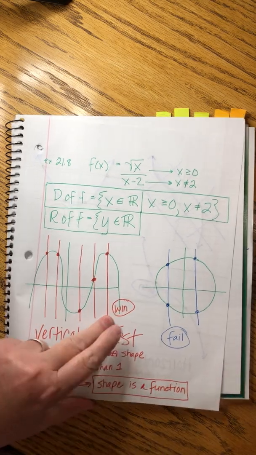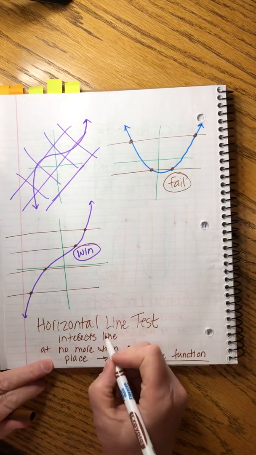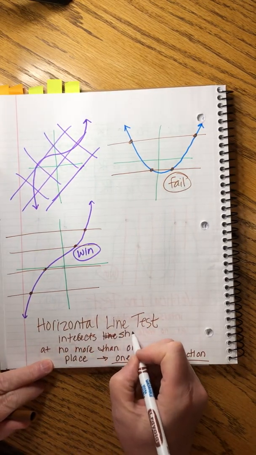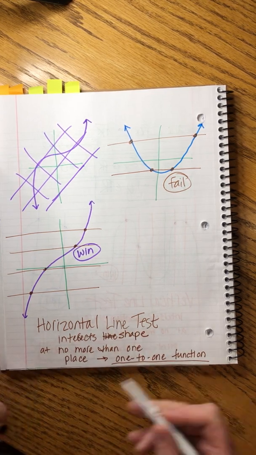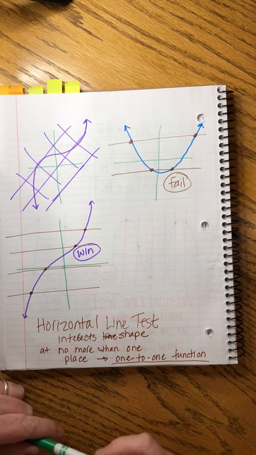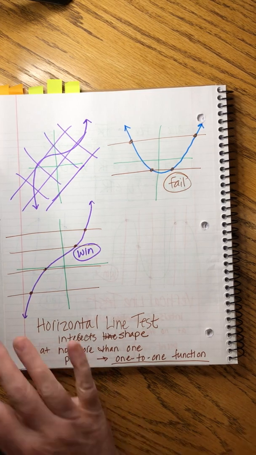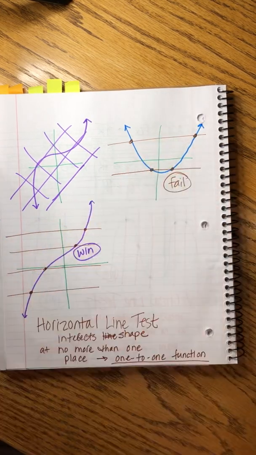And then the same thing here. Here I said line. I don't like that either. If it intersects the shape at no more than one place, then the shape is a one-to-one function. All right? So those are fun little tests that you can easily apply to test whether your shape is a function and then whether it's a one-to-one function.